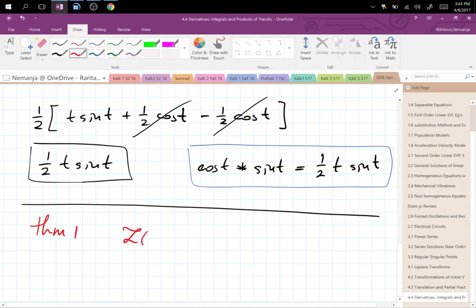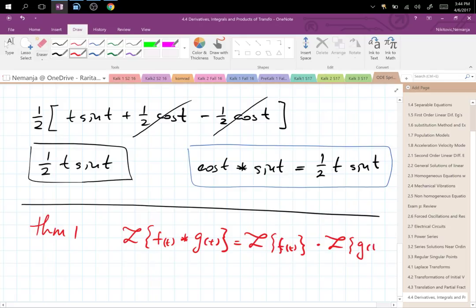Laplace transform of f of t convolved with g of t is equal to Laplace transform of f of t times Laplace transform of g of t. And then finally, inverse Laplace transform of F of s times G of s is equal to the convolution between f of t and g of t.